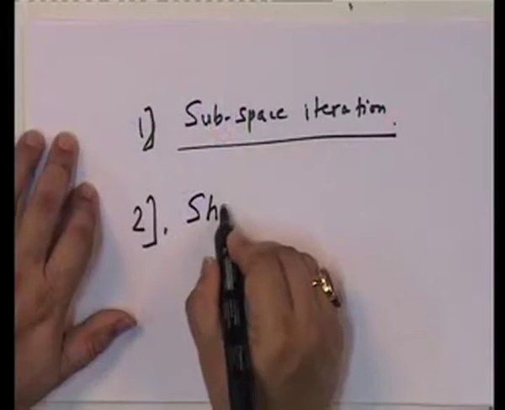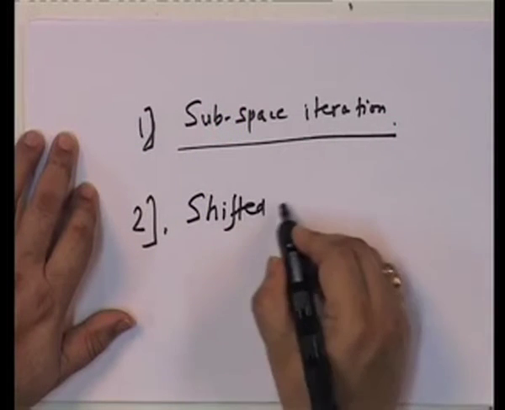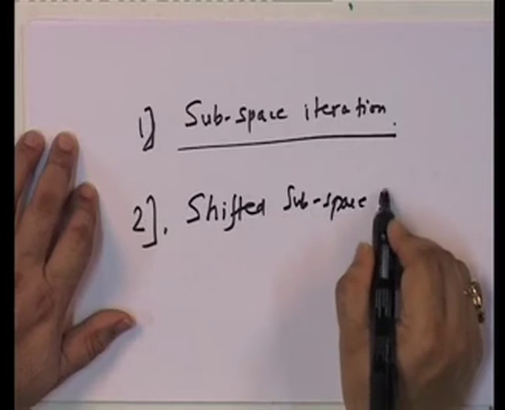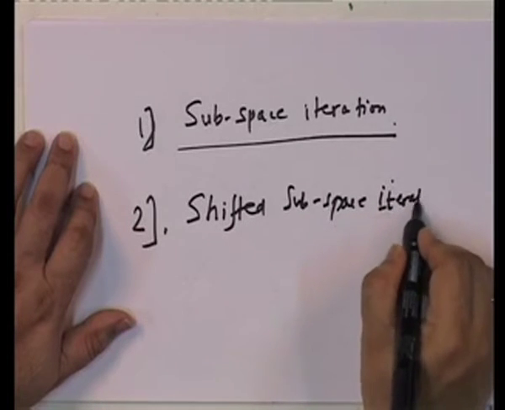If k is 0, m is non-zero, so obviously omega is 0. So any rigid body mode has 0 frequencies. In that particular case, how do you eliminate 0 frequencies? By looking at what is known as shifted subspace iteration.